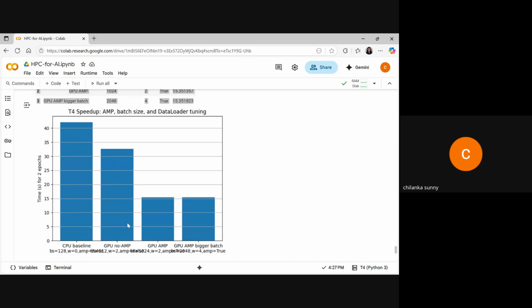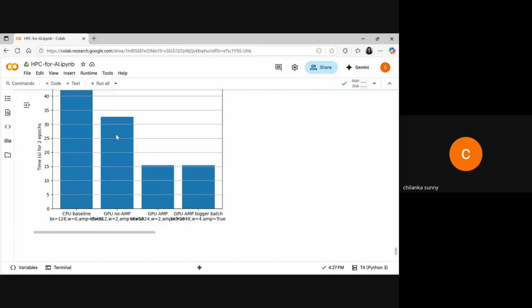And on GPU without AMP, the time taken is much less than CPU, even for a higher batch size. And with AMP, you see the difference by using lower precision data, how much speedup can be achieved on a GPU.